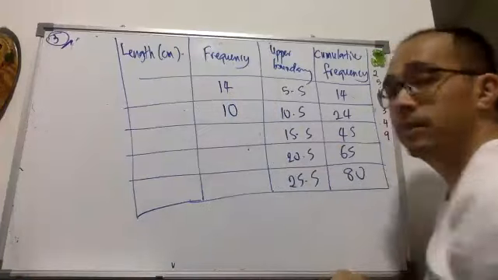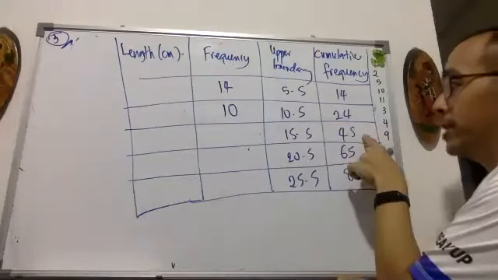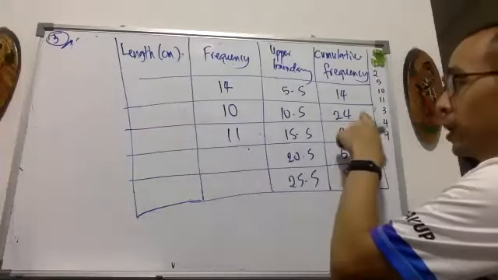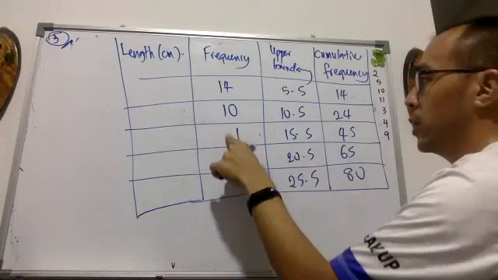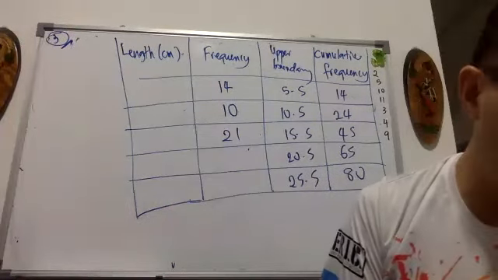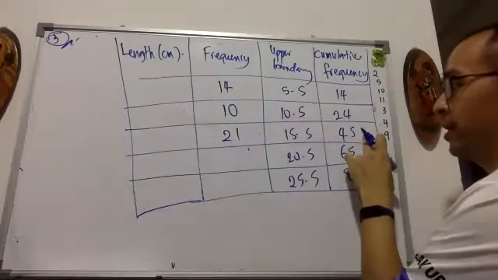So this one must be 10. Okay, 24 to 45, how many steps? 21. Okay, so 24 plus 21 is 45.